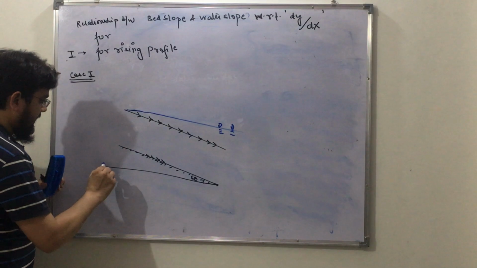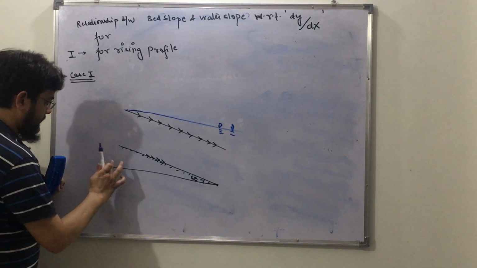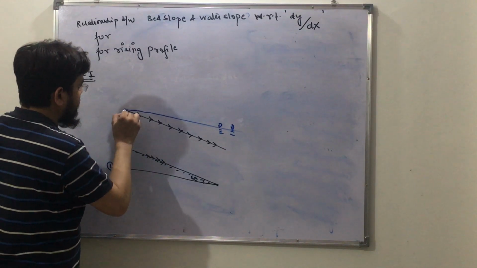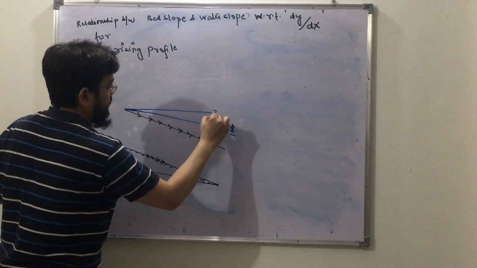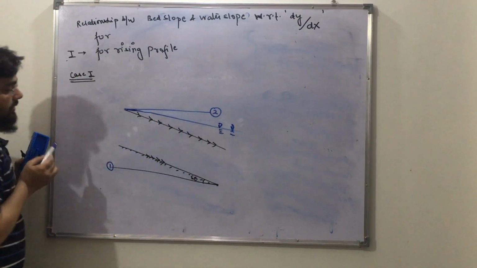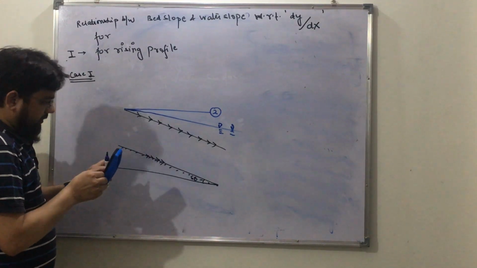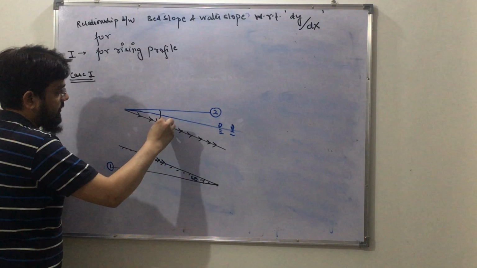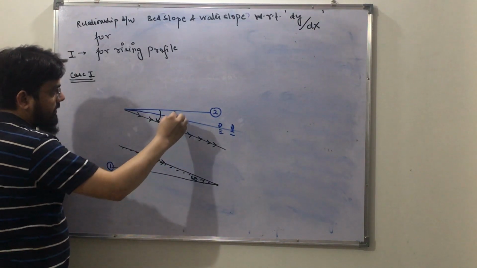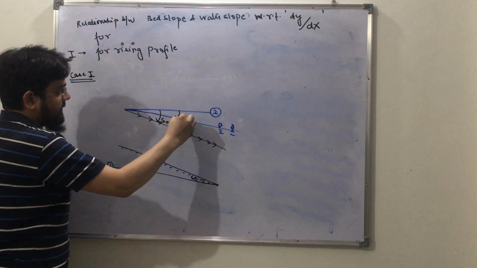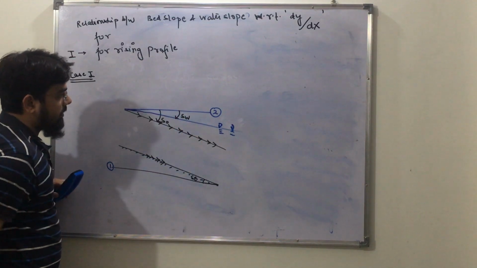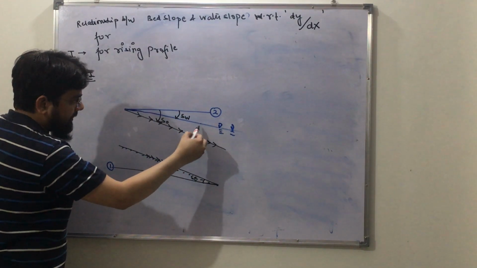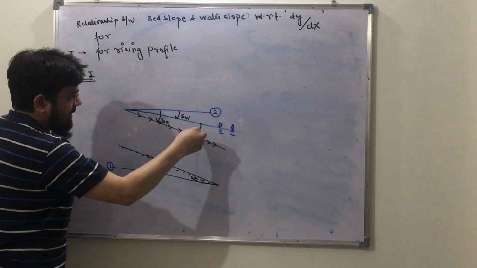We have another horizontal line, horizontal line, this is 1. Another horizontal line, 2. So this is S0. This again horizontal, this is SW. The slope of water line with respect to the bed slope is dy by dx.